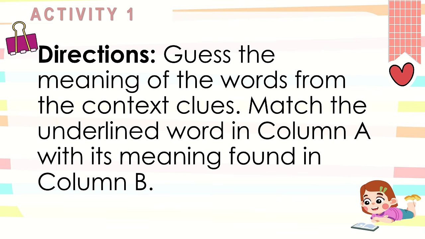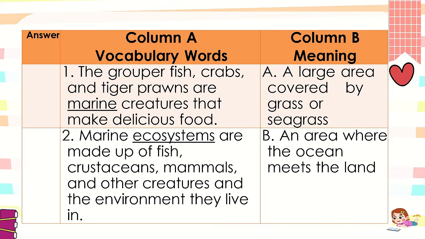For activity number 1, directions: guess the meaning of the words from the context clues. Match the underlined word in column A with its meaning found in column B. Number 1, the grouper fish, crabs, and tiger prawns are marine creatures that make delicious food.